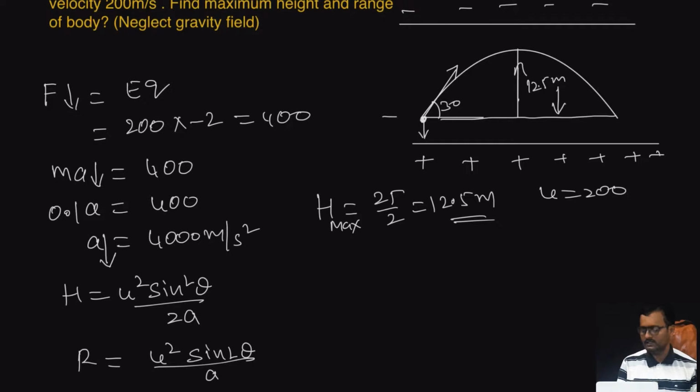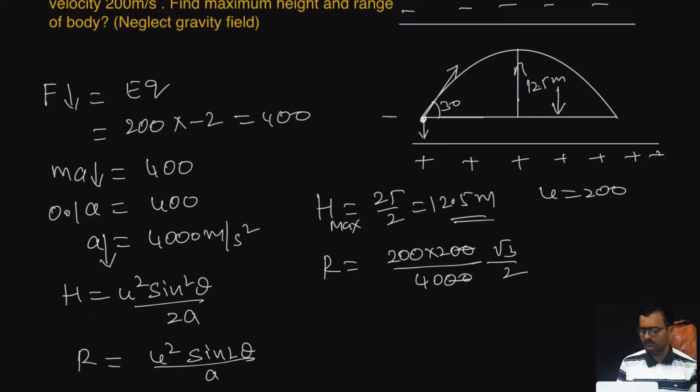So what is the range? The range formula is u square sine 2 theta by a. A is 4000. Theta is 30, 2 into 30 is 60, and sine 60 is root 3 by 2. u is 200, so u square is 200 into 200.